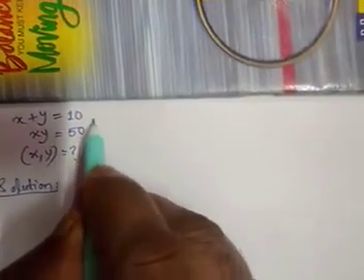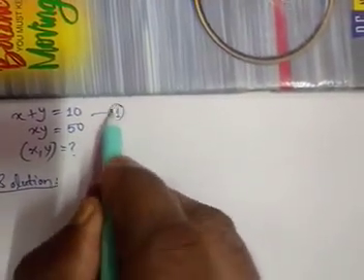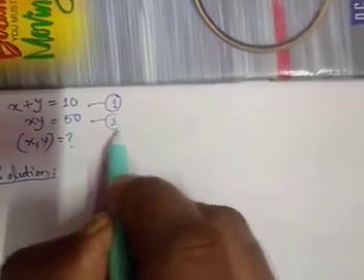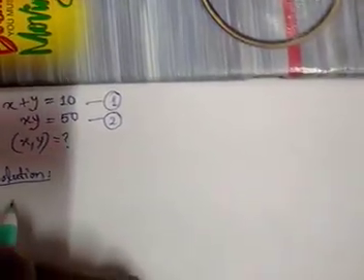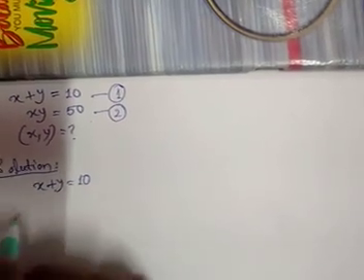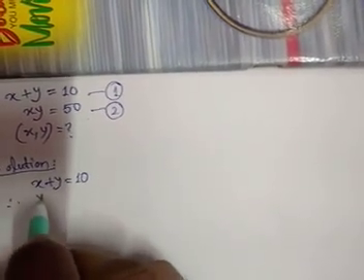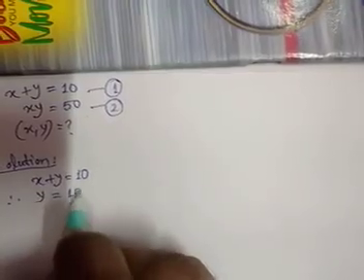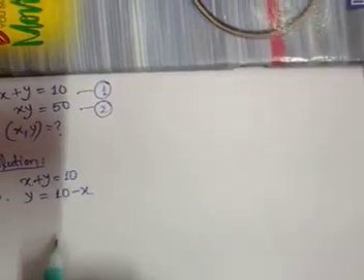Here given, we call this equation number 1, and this equation number 2. So given x plus y equal to 10, so y equal to 10 minus x.